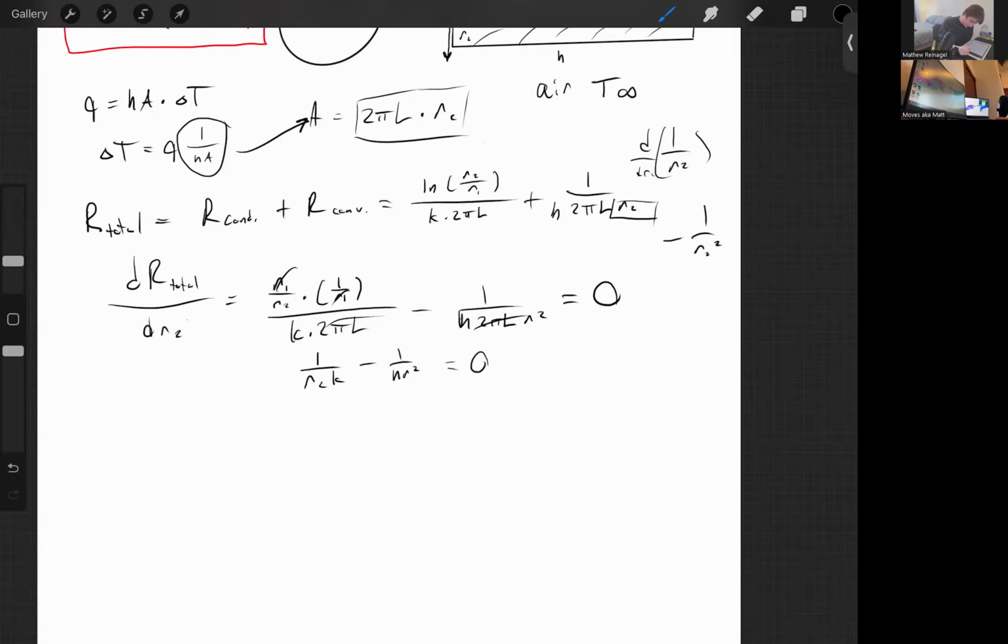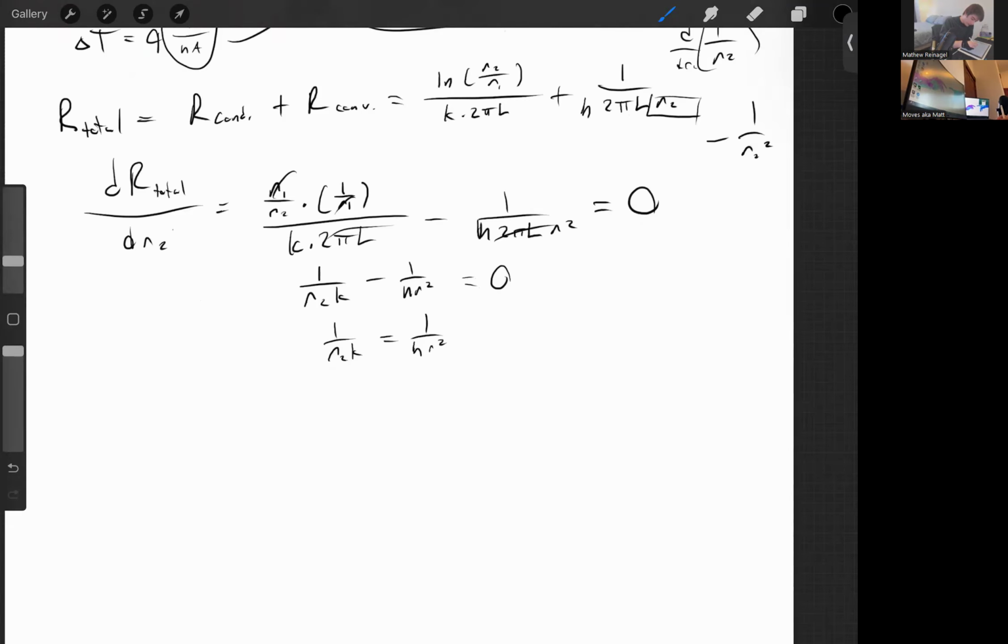Cool. Okay. So now let's go ahead and shift this over. So we have 1 over the second radius times the thermal conductivity constant, which equals 1 over the thermal heat convection coefficient, R squared.